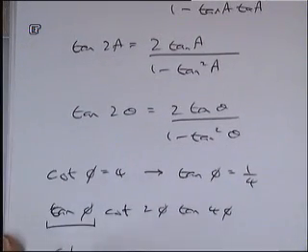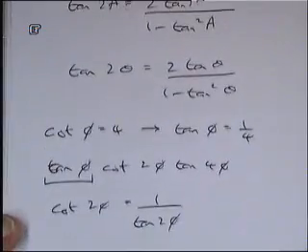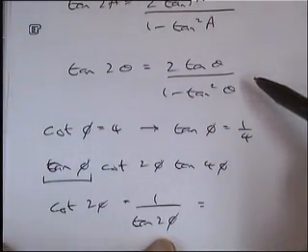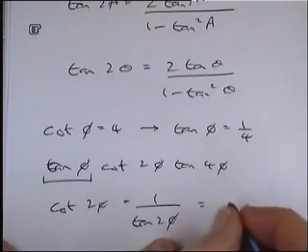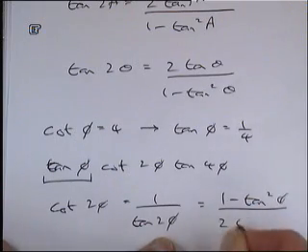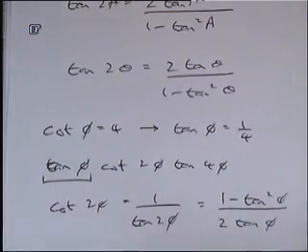Cot of 2 phi will be 1 over tan of 2 phi. If I change all my thetas to phi's, 1 over it just turns it upside down. So it's 1 minus tan squared phi over 2 tan phi.